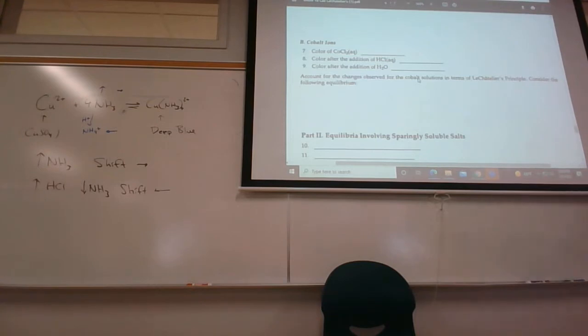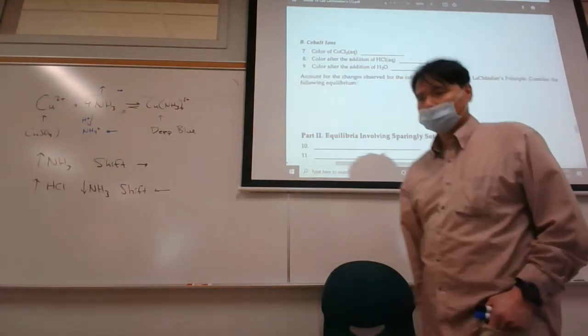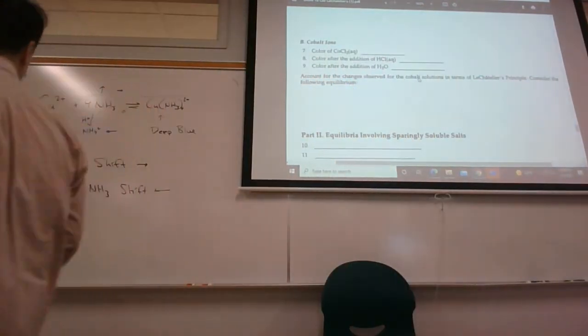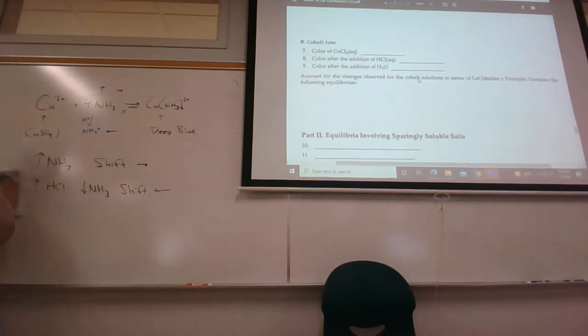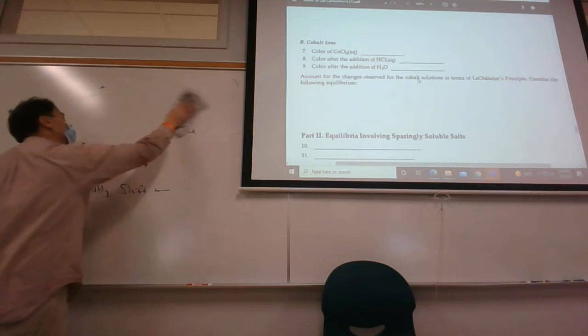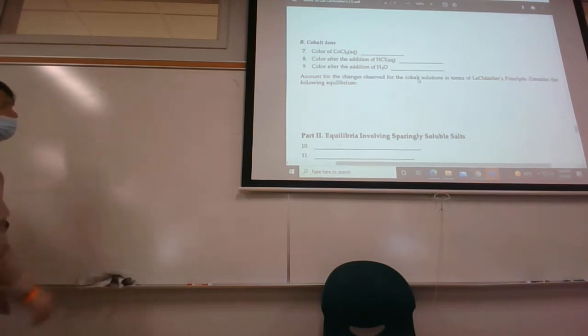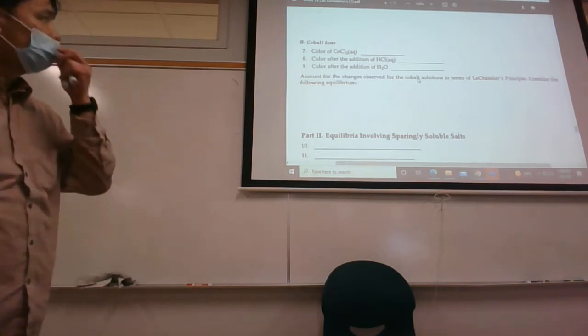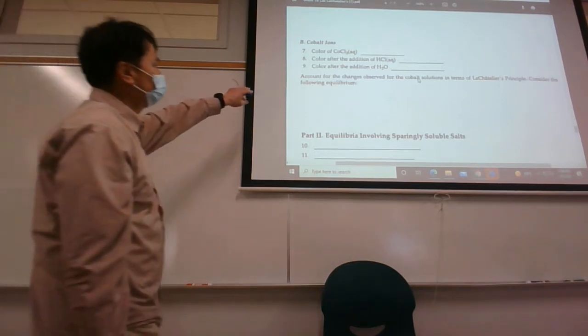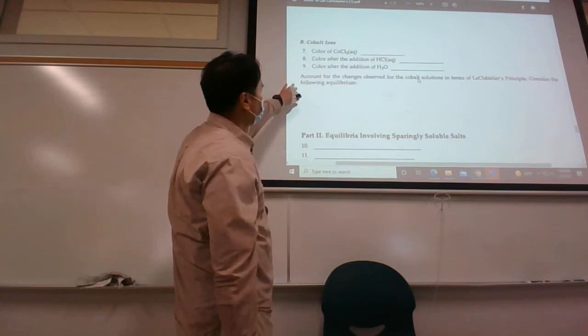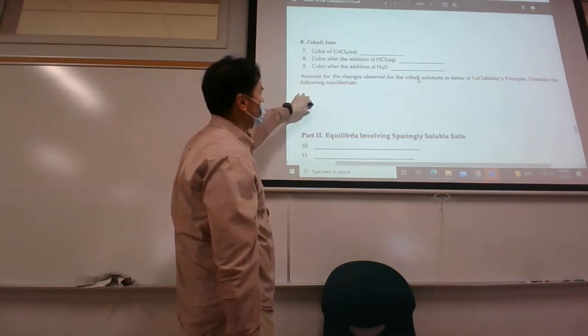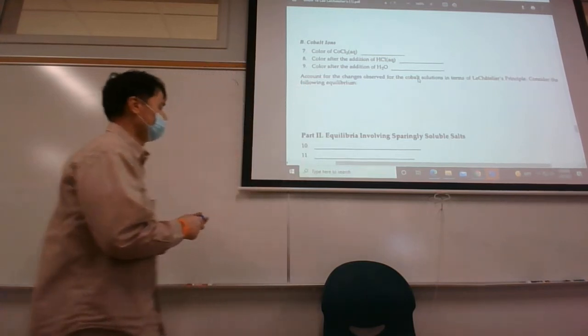Let's go on to B here, cobalt ions. So they're asking for the color, and then account for the changes observed for the cobalt solution in terms of Le Chatelier's principle.